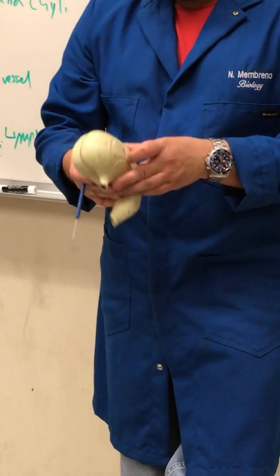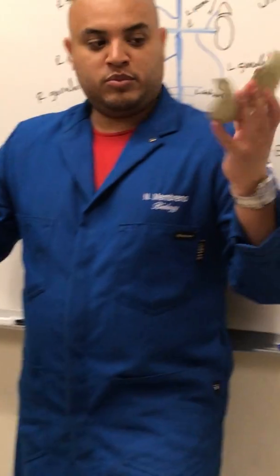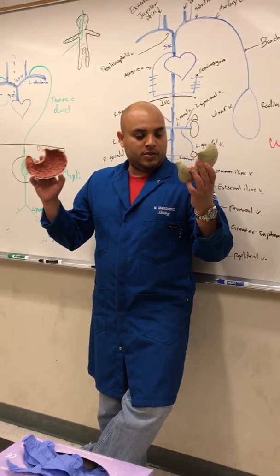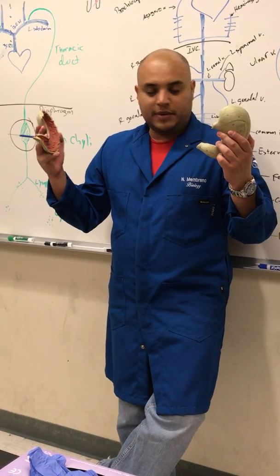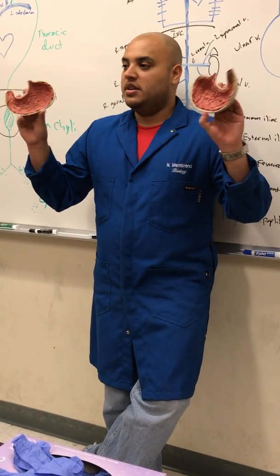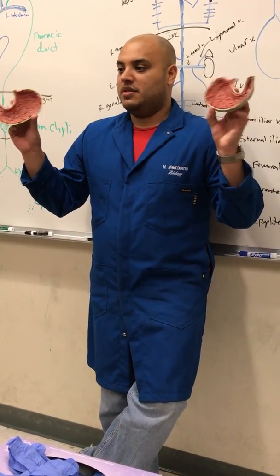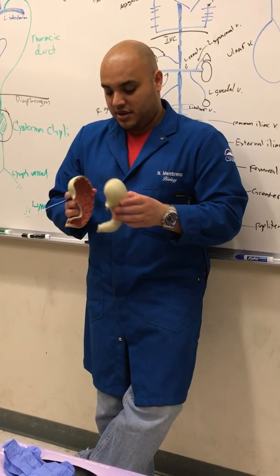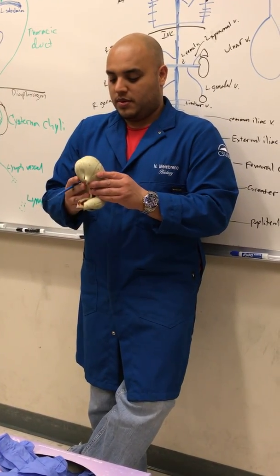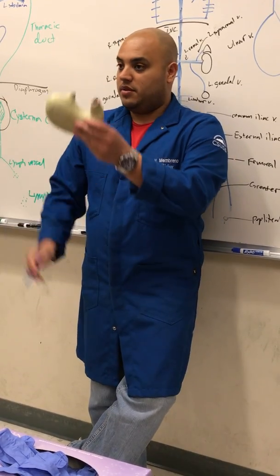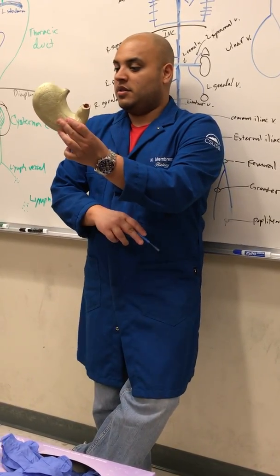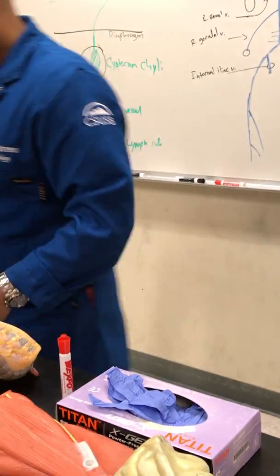Pyloric sphincter. Besides having the secretory cells, what else does it do? Increase the surface area. Right. What hangs off of here? Greater omentum.